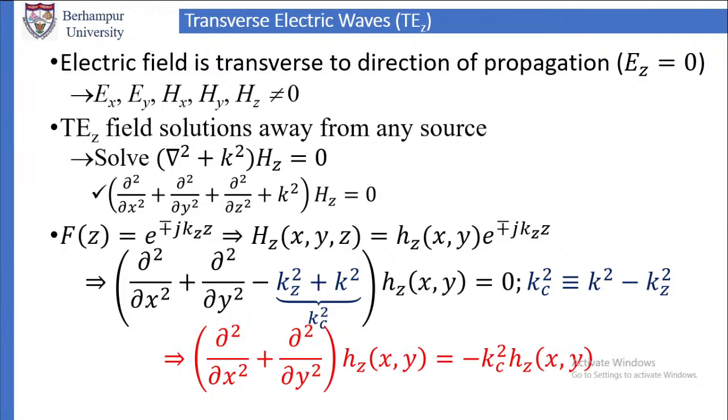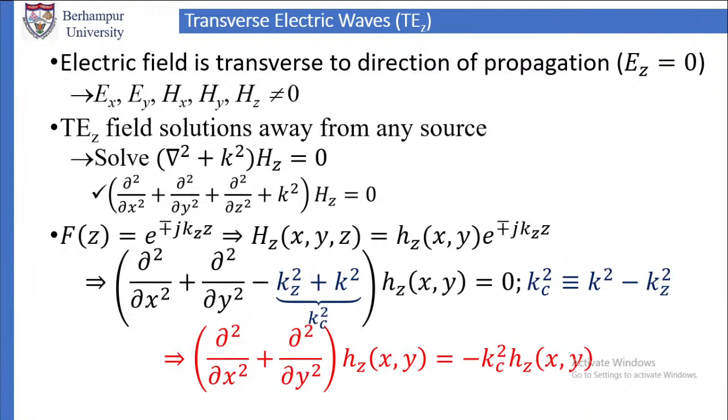Since the direction of propagation is z, the electric field will be in the x and y directions, but there will be no electric field in the z direction, which means the z component Ez will be equal to 0. So the electric field is transverse to the direction of propagation. Direction of propagation being z, Ez is equal to 0.